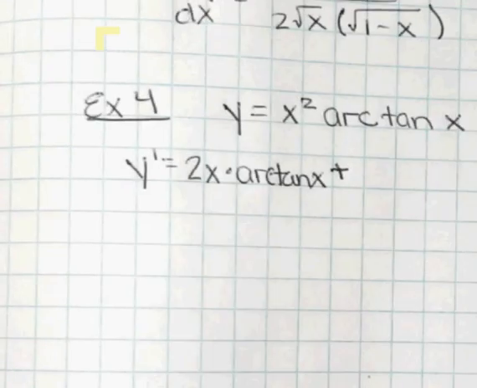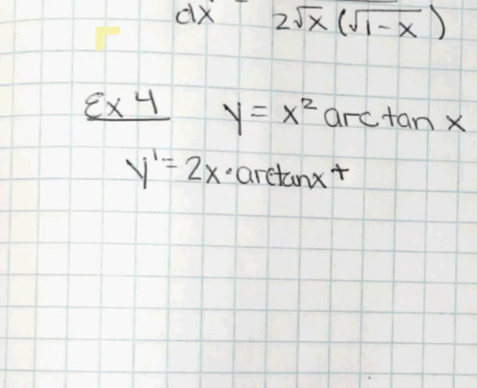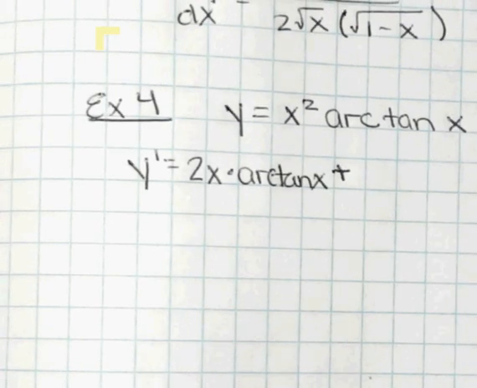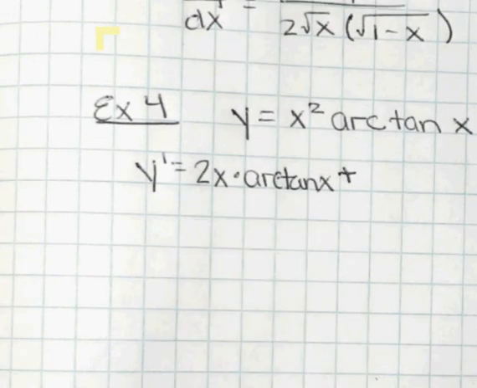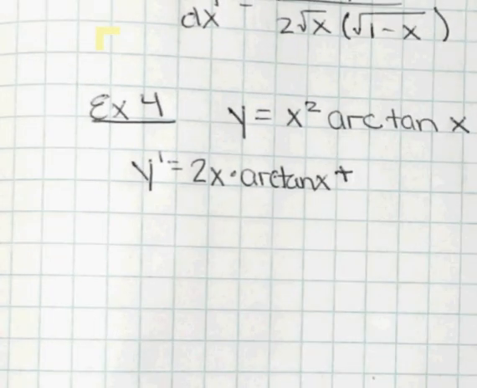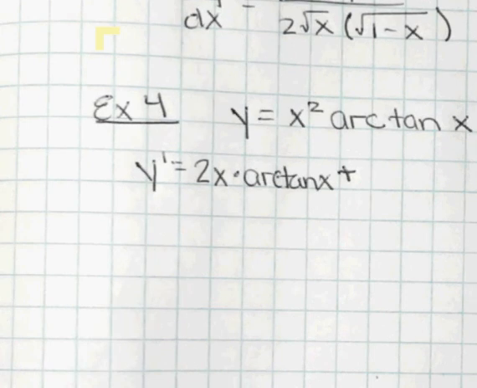Cosine is adjacent over hypotenuse, so therefore secant is hypotenuse over adjacent. So dy dx is equal to 1 over hypotenuse over adjacent, which is actually super nice, all over 1. And because it says secant squared, I'm going to square that result. So I get 1 all over 1 plus x squared.